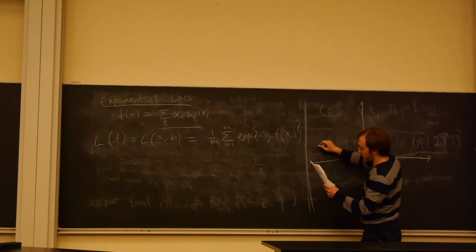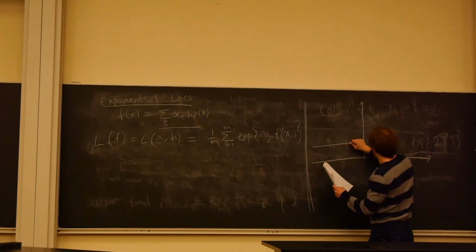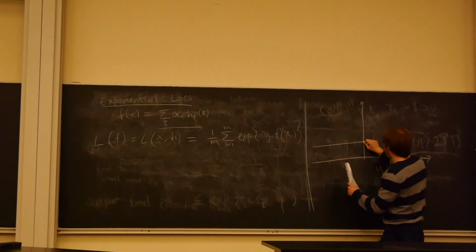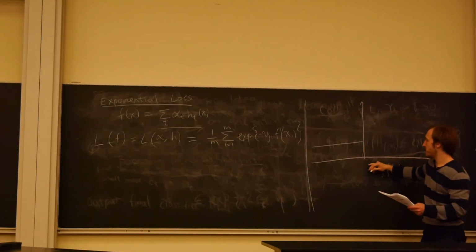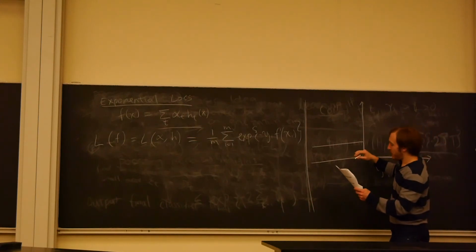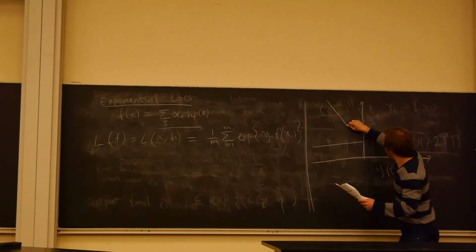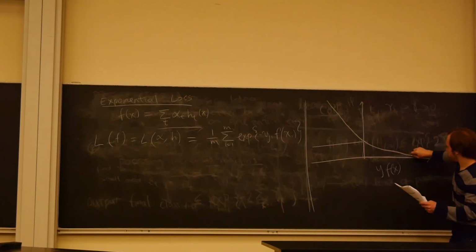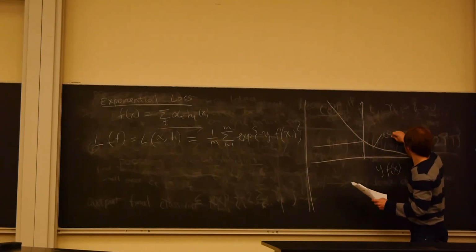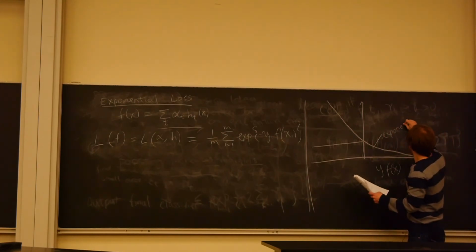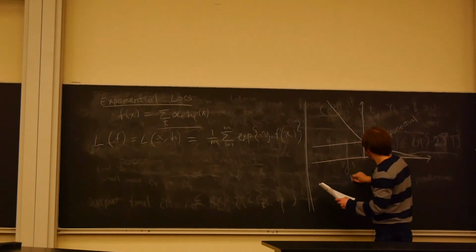For the 0-1 loss, if you have below 0, you have 1, and if you have above 0, you have 0. So essentially, if things are correct, you have 0 loss, and if things are incorrect, you have 1 loss. And our exponential loss looks instead like this, kind of like that. This is the exponential, and this is the 0-1 loss.